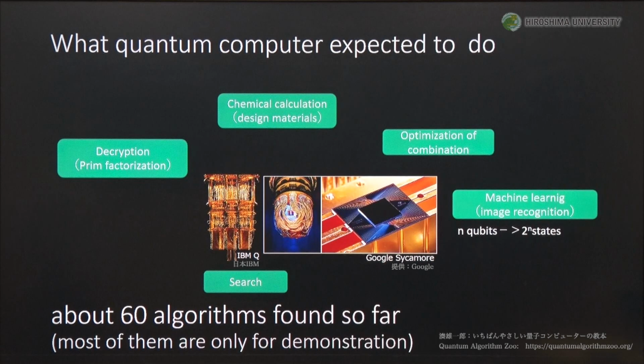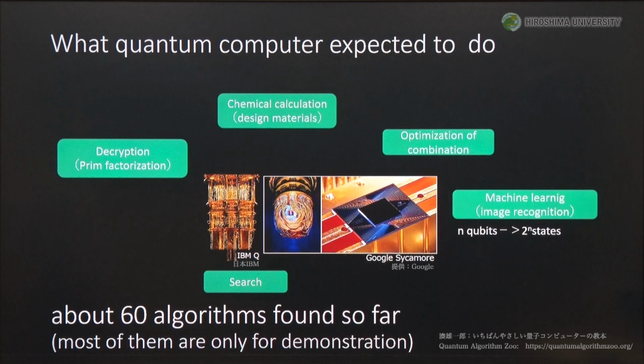So this is a kind of map of where quantum computers are expected to perform: cryptography decryption, as I said, which is Shor's algorithm, and also chemical calculations, combinatorial optimization, or machine learning. This area is related to energy minimization, as talked about in the previous slide.